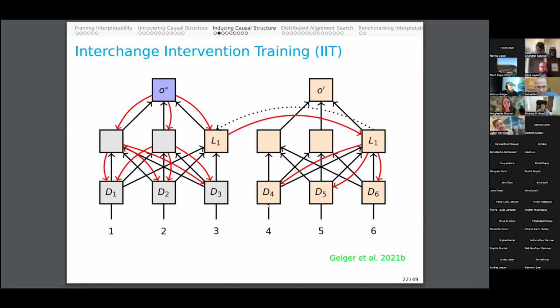This uses the interchange intervention operation from the previous slide, but these red lines are the gradient descent updates. If we're receiving supervision at this counterfactual output of the network, the red lines say we send this signal down the network like usual, but when you reach the intervention site, it jumps to this other run of the network and continues down this second run.